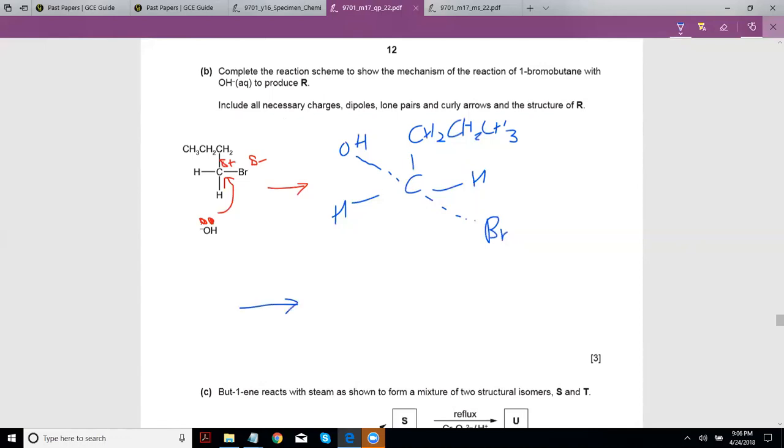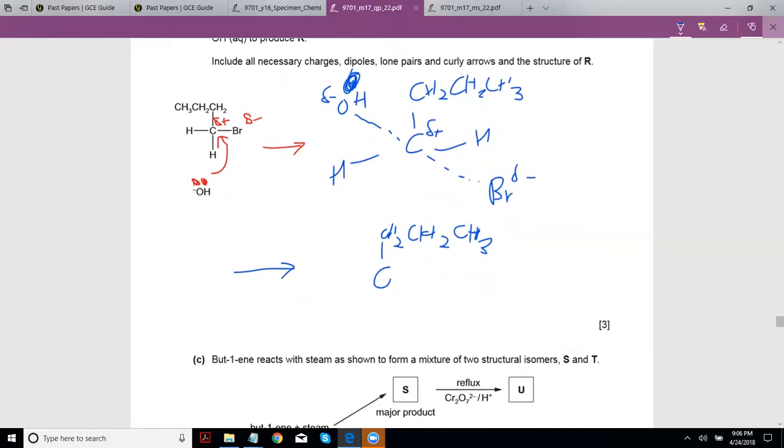Once you're done with that, you just show properly how CH2 CH. Are you asking about having to show the partial? No, I'm saying you have to draw the partial negative and partial positive sign on the transition state as well. Slightly positive, slightly negative, slightly negative. So yeah, and then finally we get OH in place of Br, and the rest is H plus and Br negative.